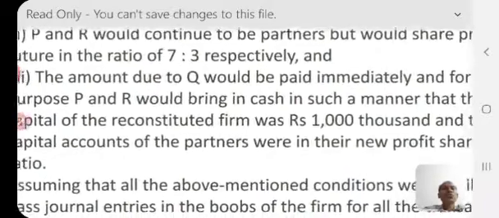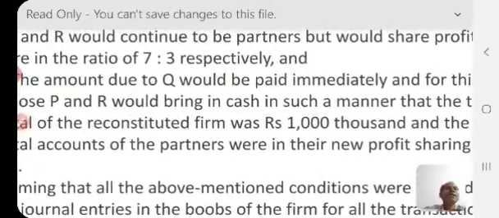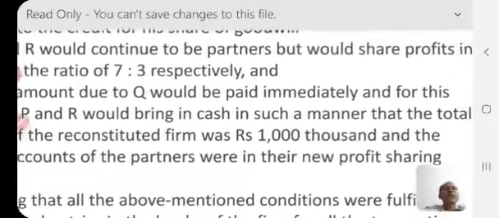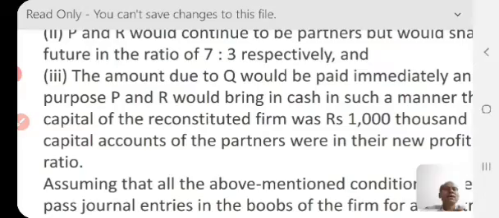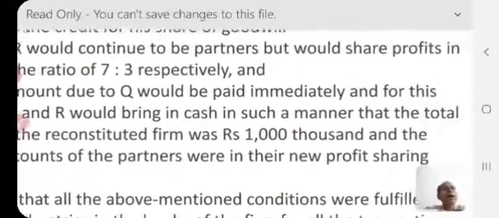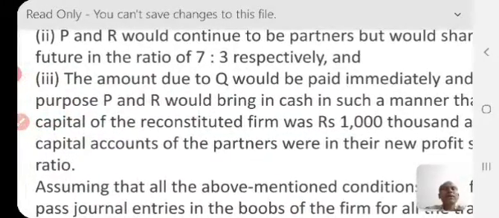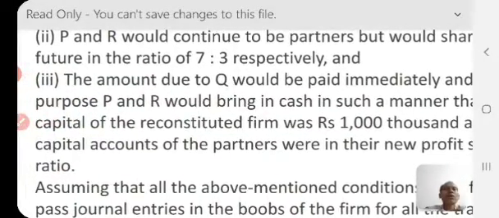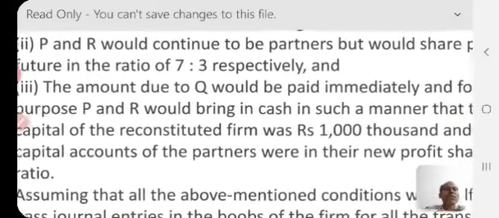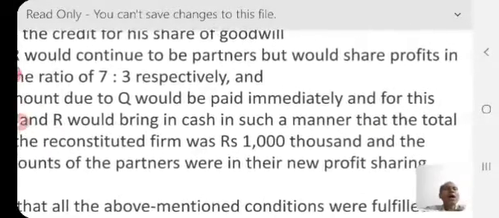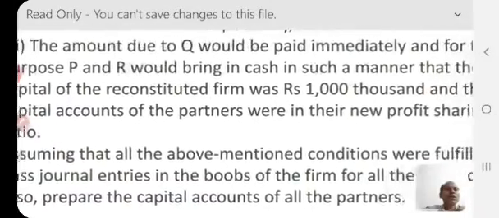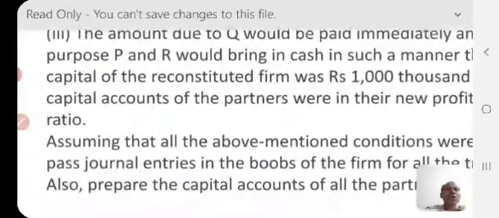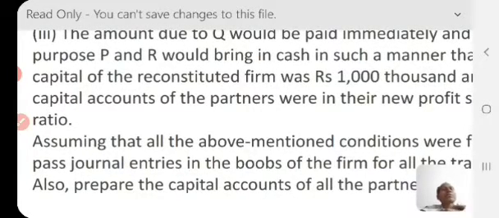The amount due to Q would be paid immediately, and for this purpose, P and R would bring in cash in such a manner that the total capital of the reconstituted firm was 1,000 and the capital accounts of the partners were in their new profit sharing ratio.